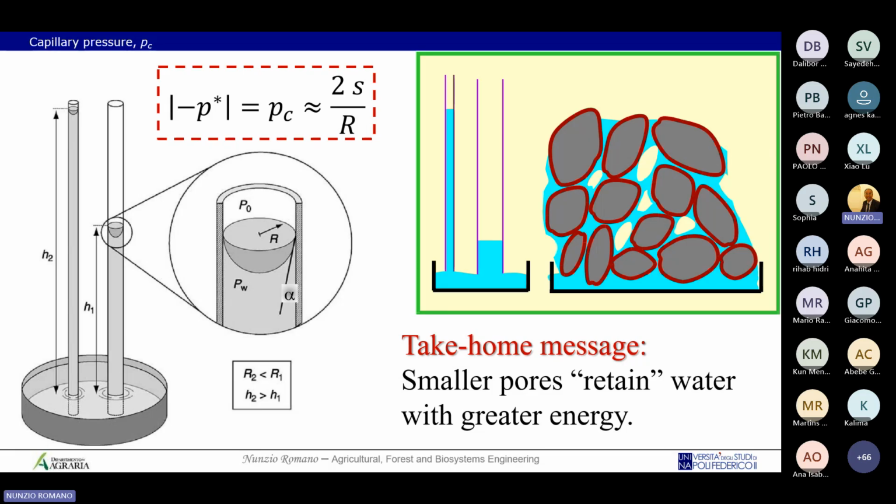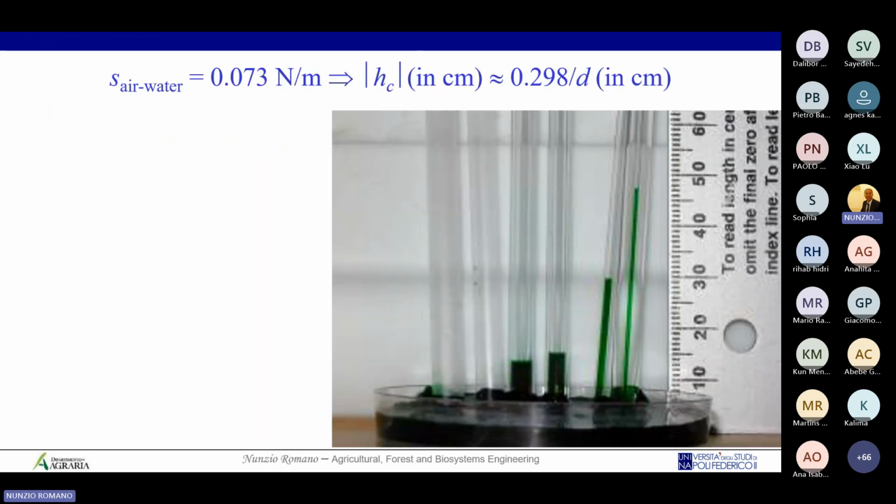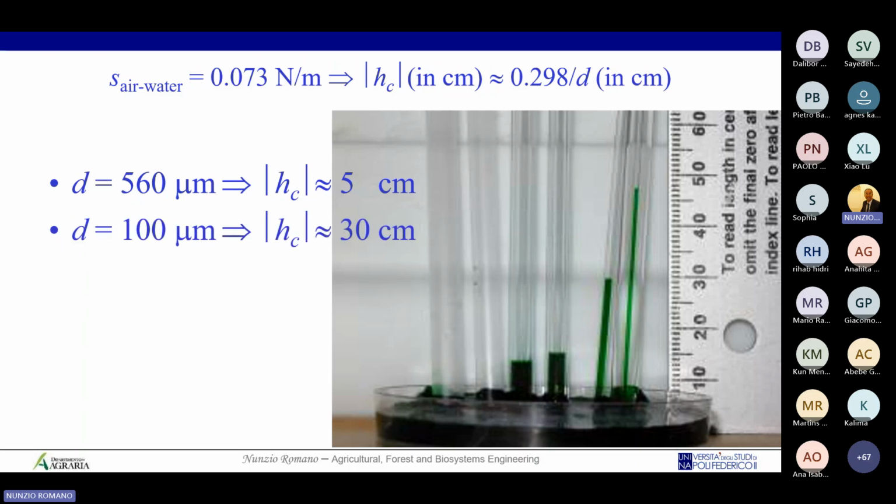I hope this slide clarifies what I'm saying, but again I show you in a simple way. Just consider a very simple model. The simple model is to consider that the soil is made up of a bundle of capillary tubes. This is the classic, very simple soil model.